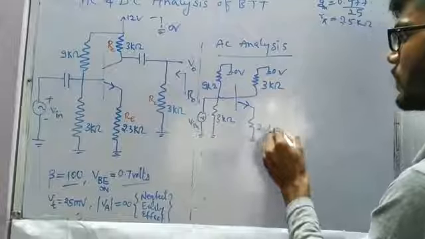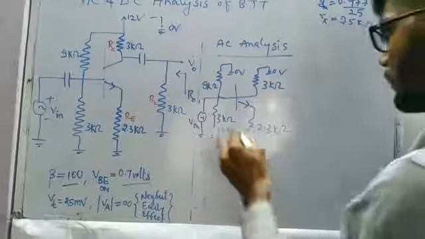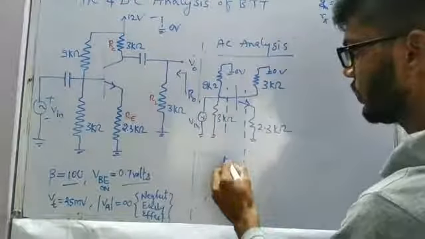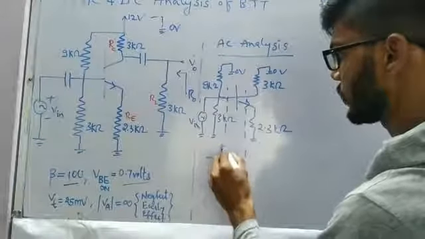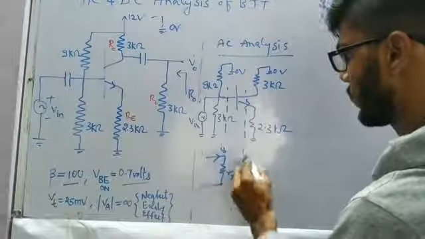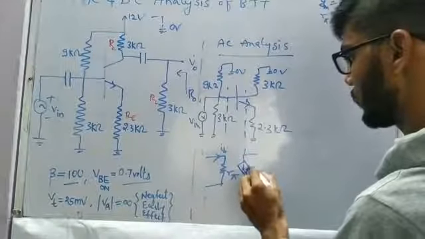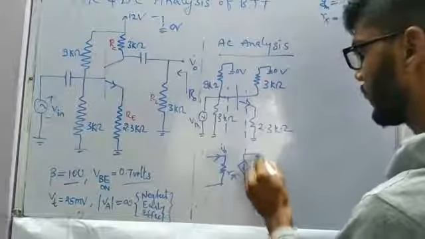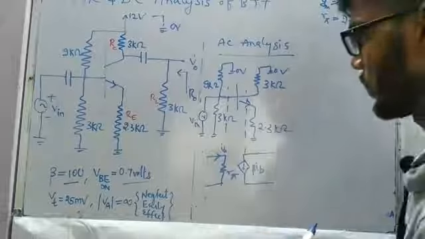This is 2.3 kilo ohm, and the AC model of the BJT is the pi model, which we have to make something like this. This is R pi and the current is going to be IB, and here it will be beta times IB, and we are not considering early effects, so we need not worry about the R naught.